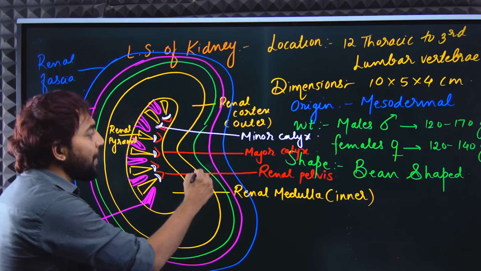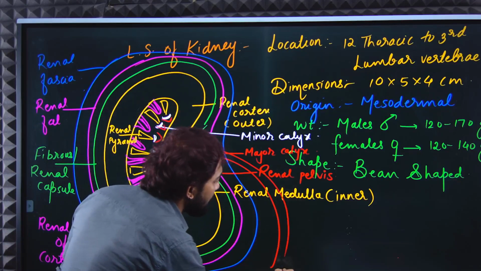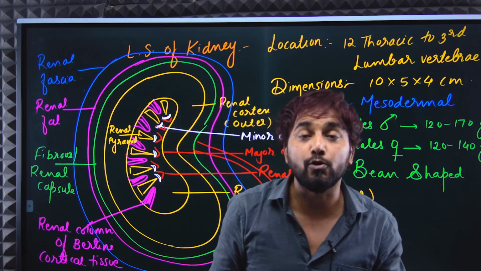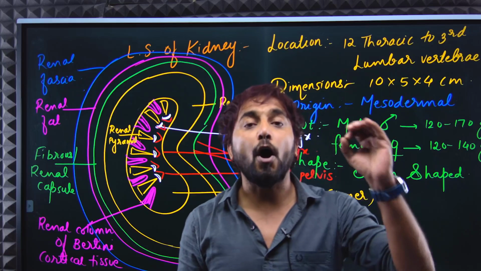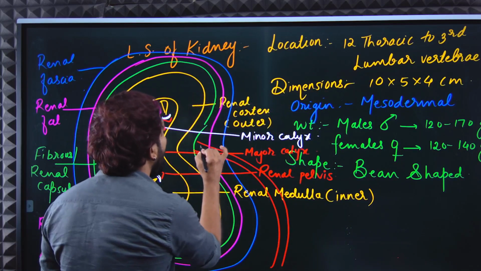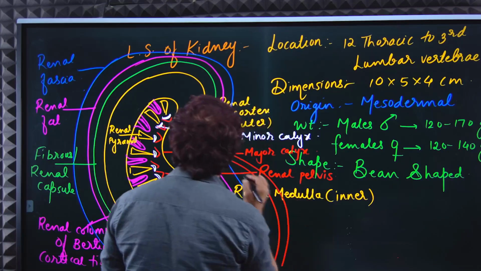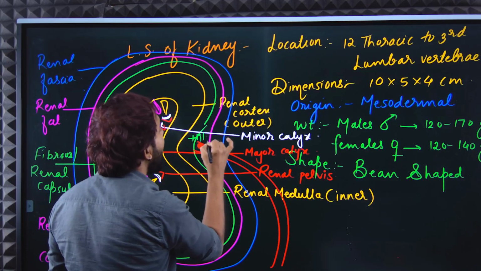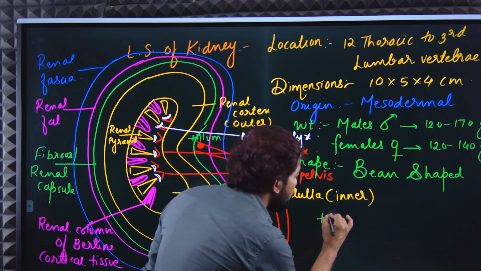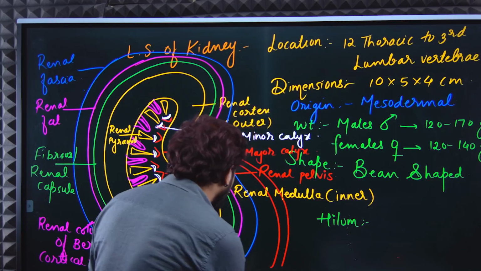Now a notch is there. From that notch, a structure arises, which is the ureter, which is going to carry the urine from the kidneys to the urinary bladder. This notch-like structure is called hilum. Through this notch hilum, three things are going to enter or exit.